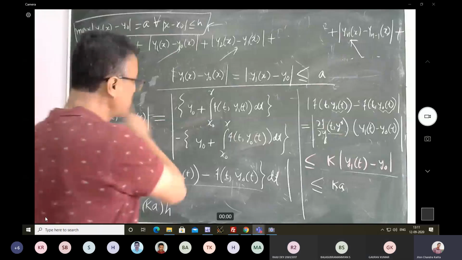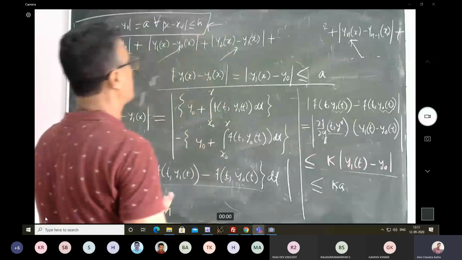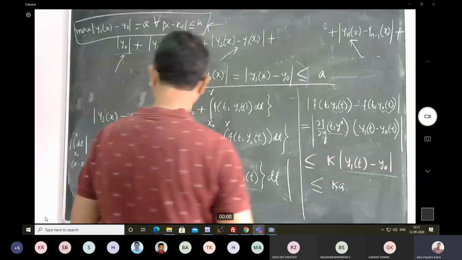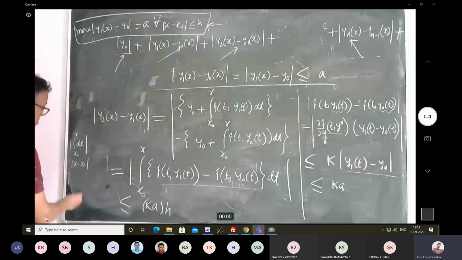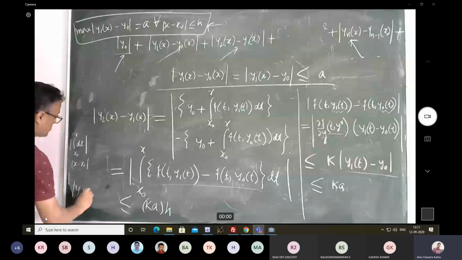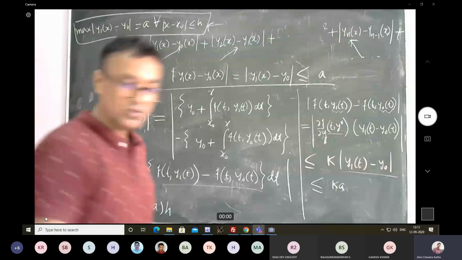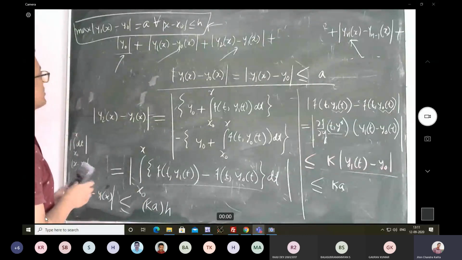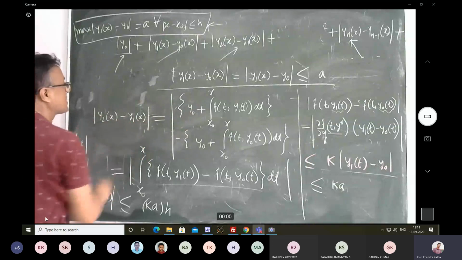So now let me move to the next one. I still don't want to directly jump onto yn. See, so I have got, let me simply write it down. I have got y2(x) minus y1(x) less than this. Okay. So now, what is going to happen? See, the way I was working this out.